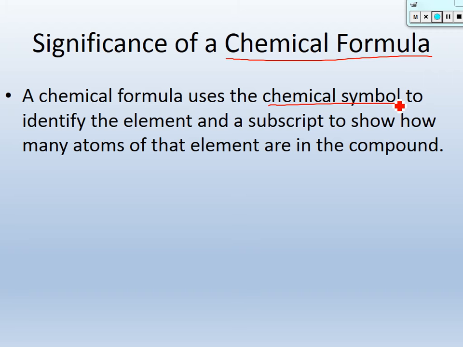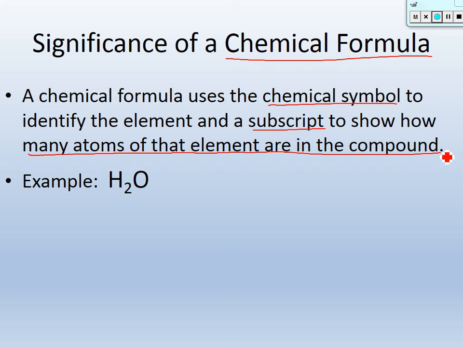But it also uses a subscript to show how many atoms of that element are in the compound. So, for example, when you see H2O, H means what? Hydrogen. This little 2 tells us what? That there's 2 hydrogen atoms here, right? There's 2 of them. What does the O tell us?